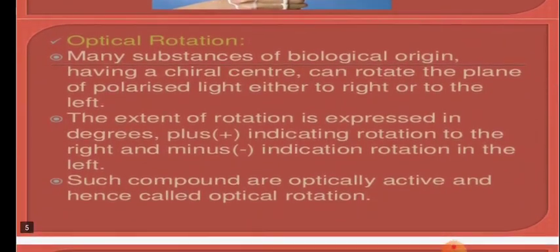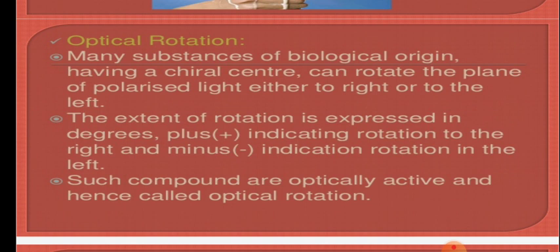Then optical rotation. Many substances of biological origin have a chiral center and can rotate the plane of polarized light either to the right or to the left. We know this optical rotation is generally measured with a prism. The extent of rotation is expressed in degrees.